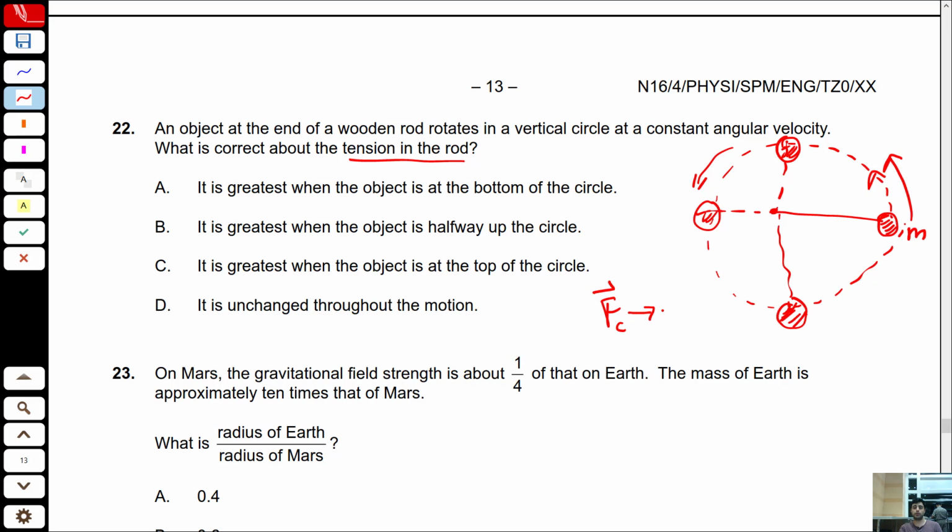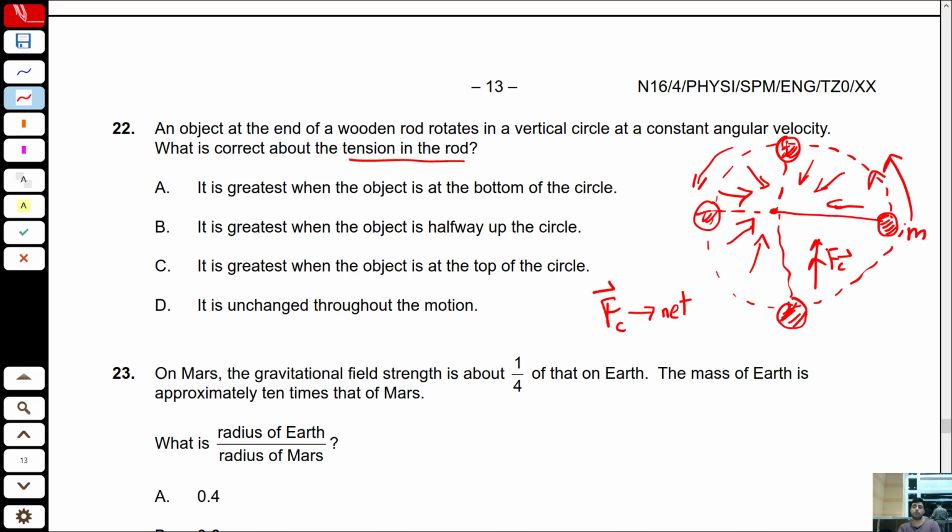And this centripetal force is the net, resultant force acting on it. The centripetal force produces centripetal acceleration toward the center of the circle. So no matter where the ball is, centripetal force is always toward the center of the circular motion. That is what we need to know.